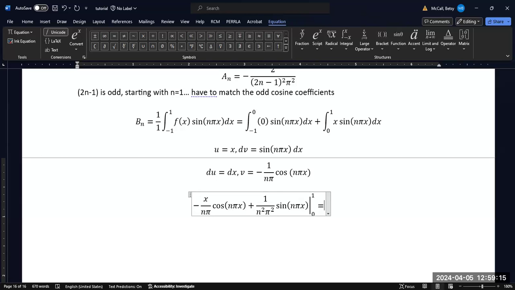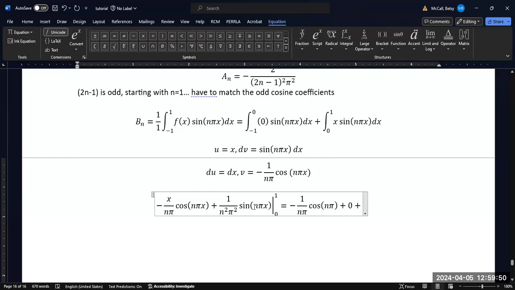And let's see, that's going to get me negative 1 over n pi cosine n pi, plus, when I plug in the 0, I'm going to get a 0. And then plus, anytime I put in an integer multiple of pi here, when I plug in 1, the sine of n pi is 0.